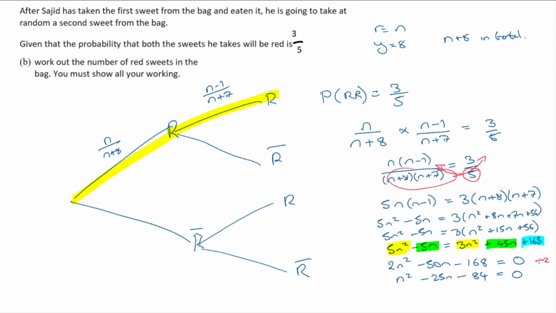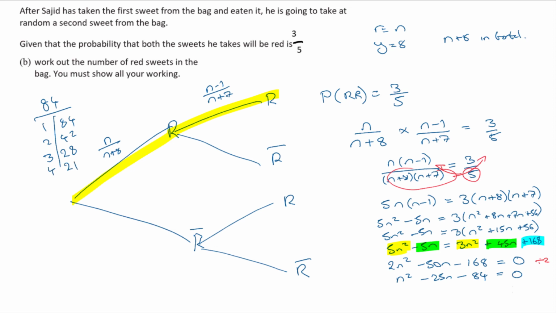Factor pairs of 84. What are they then? We've got 1 and 84. 2 and 42. 3, yeah, 3 goes in. 3 and, what's that? 28. 4 goes in, yep, 4 and 21.